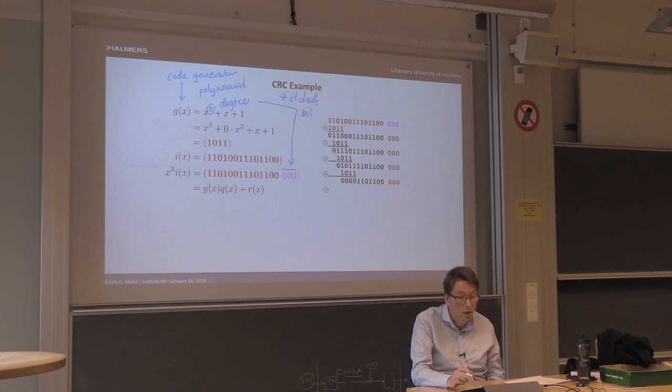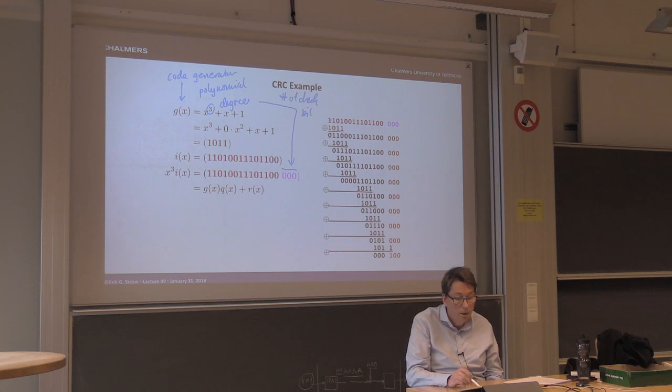So the next G will be positioned here. We add, keep on going, keep on going, keep on going, and keep on going. And finally, we have zeros here. And what we have to the right here is the remainder.